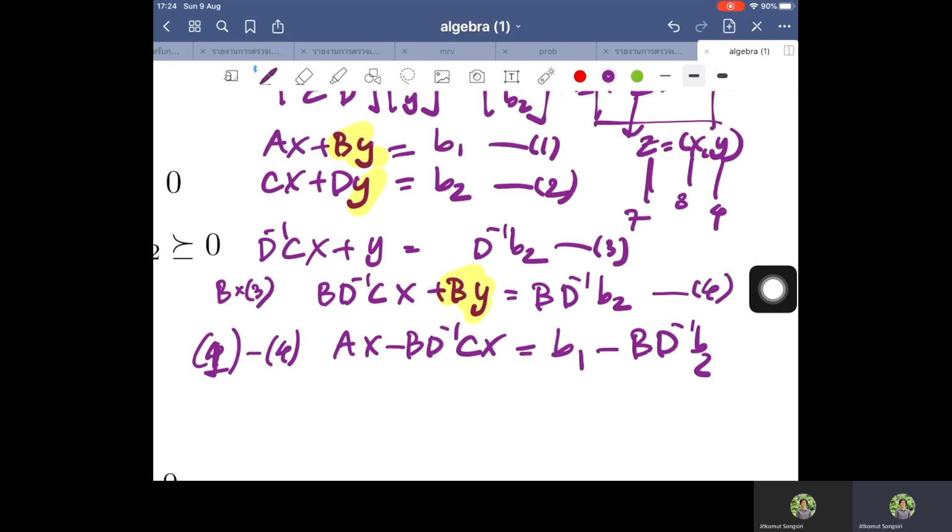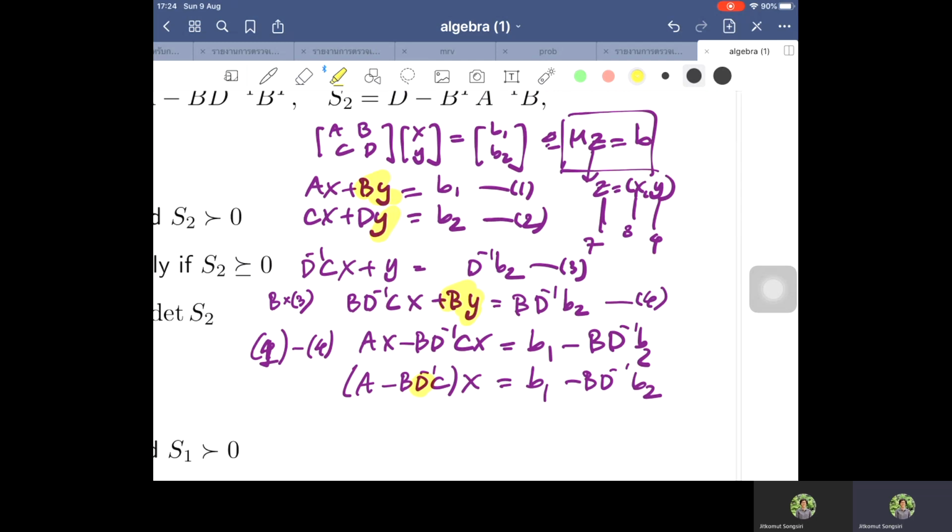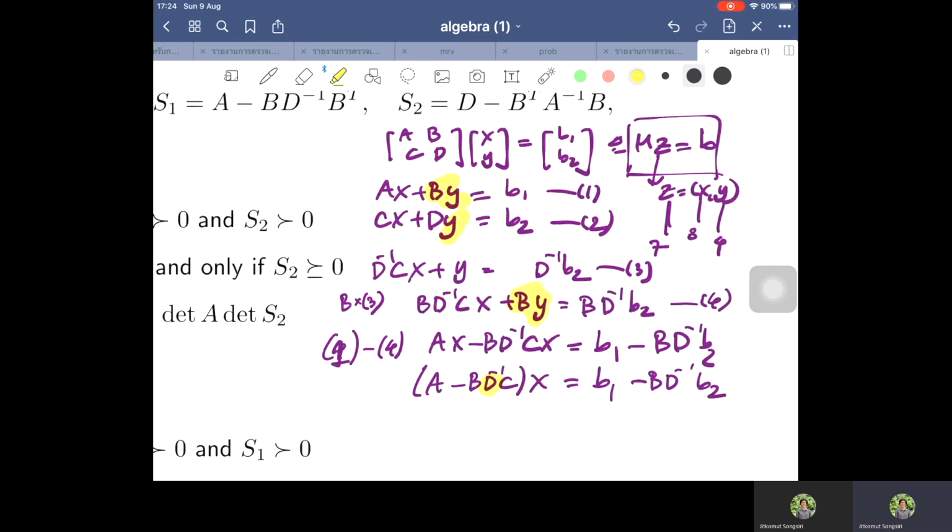And now it reveals a term that is very related to the Schur complement of D in the matrix ABCD. So this is basically the Schur complement.